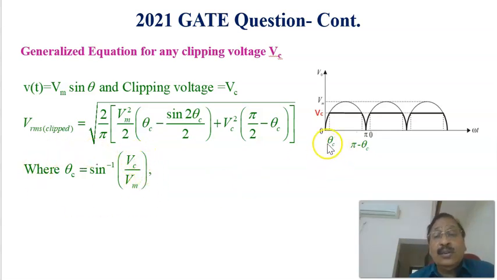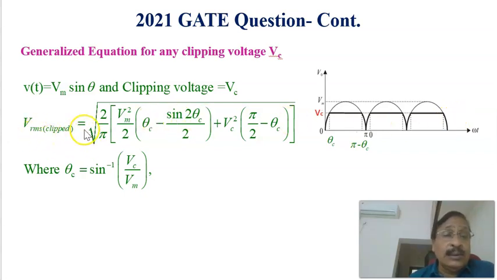First we have to find out what is this theta c, the clipping phase angle, or the phase angle corresponding to this instant at which the clipping voltage meets the voltage. For this point, what is the theta c? That is theta c equal to sin inverse Vc by Vm. Then we can substitute in this generalized equation and find out the RMS value of this clipped full wave rectified waveform.